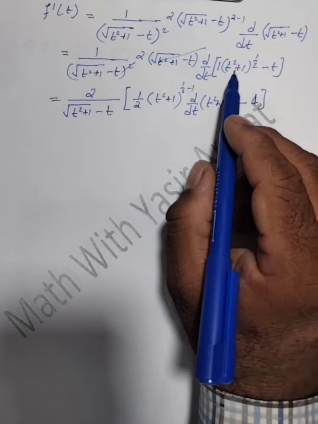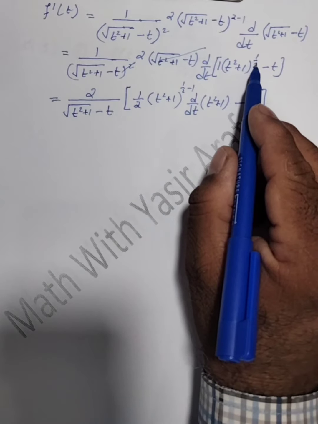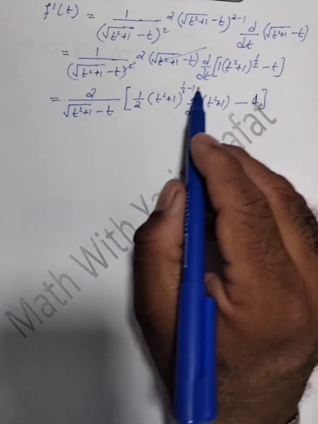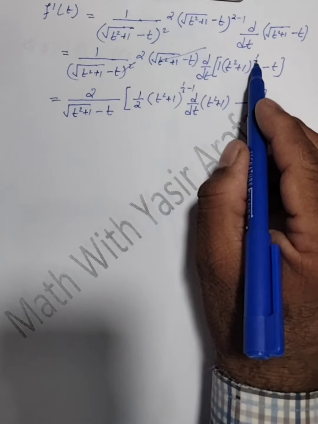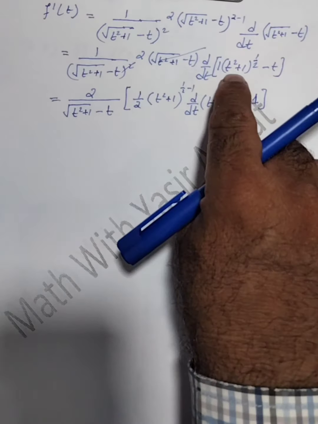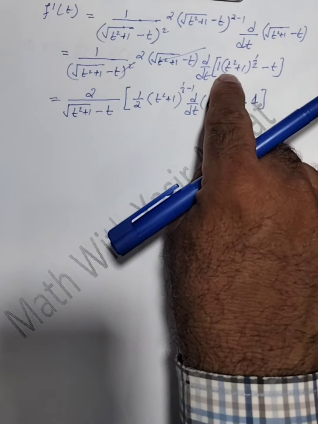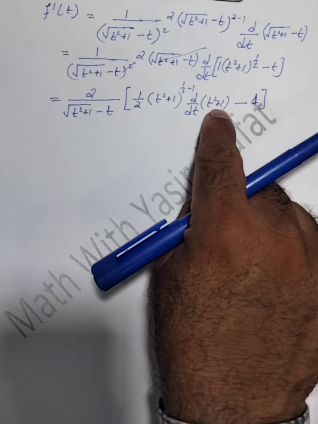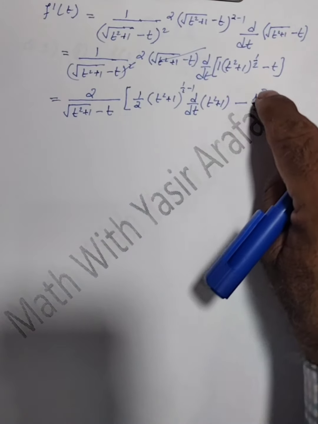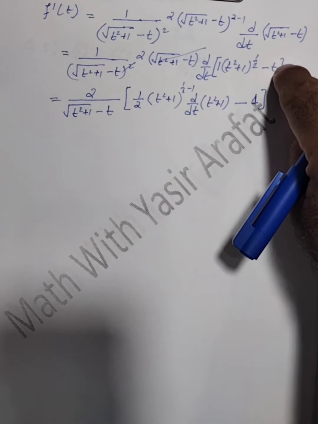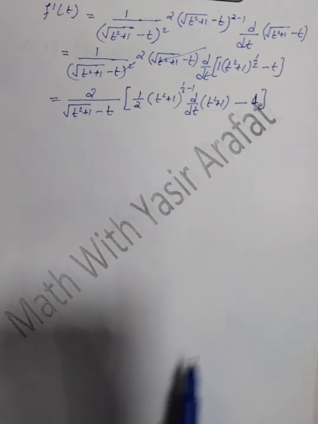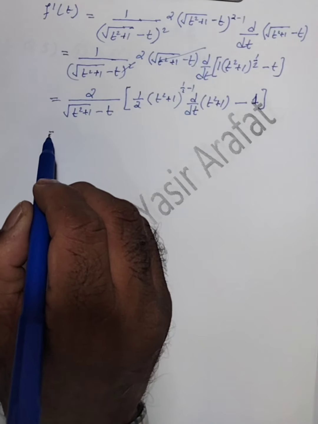Again see this one, dear students: the coefficient is multiplied with the power and we decrease 1 from the power. This is the derivative of the power, and then we have to find the derivative of the function, that is t square plus 1. So we find the derivative in the next step. The derivative of t is equal to 1.